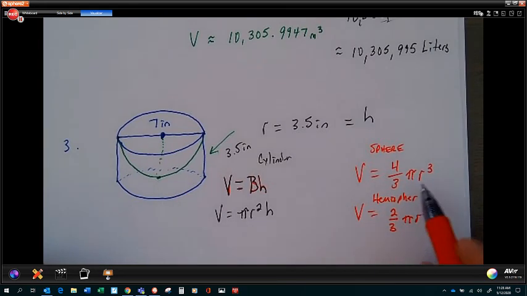So you can go ahead and figure it out this way and then take half of the answer, or you can take half of 4/3, and if you multiply 4/3 times 1/2, you're going to get 2/3. So you can do it either way. Sorry for making you pause it again if you needed a hint.